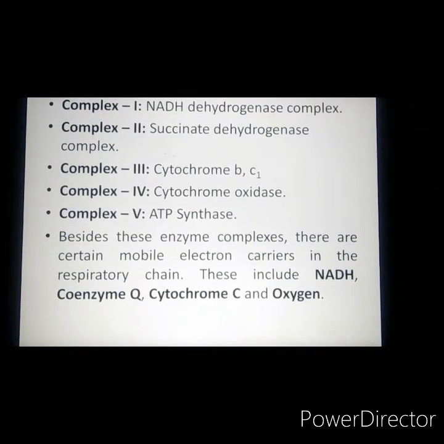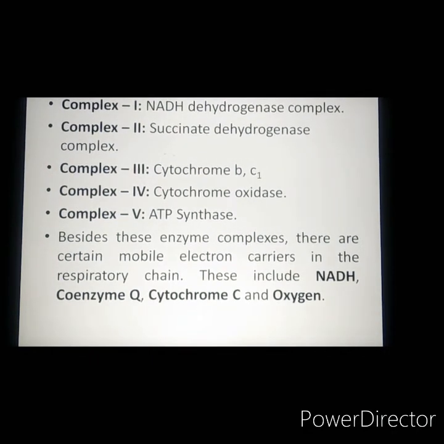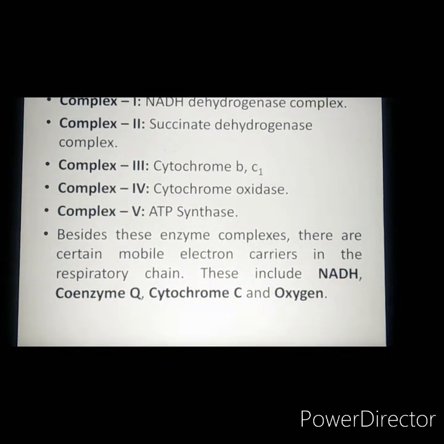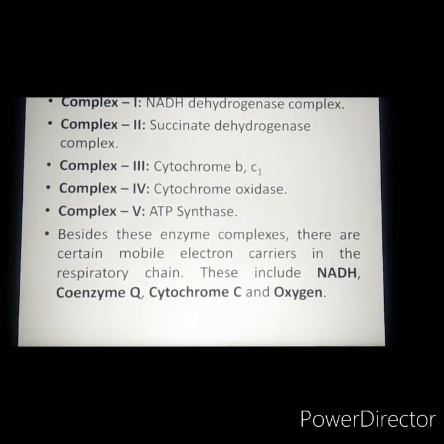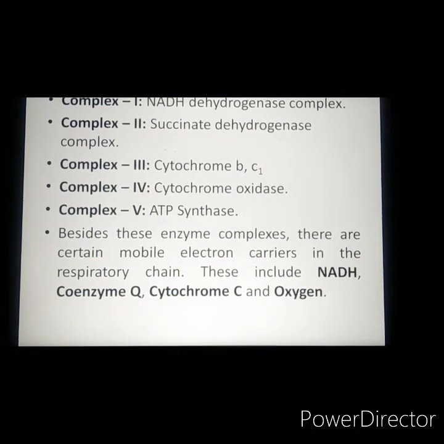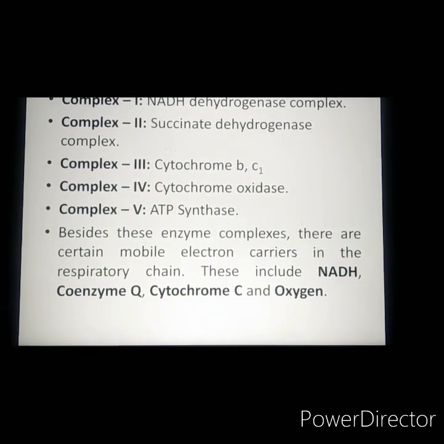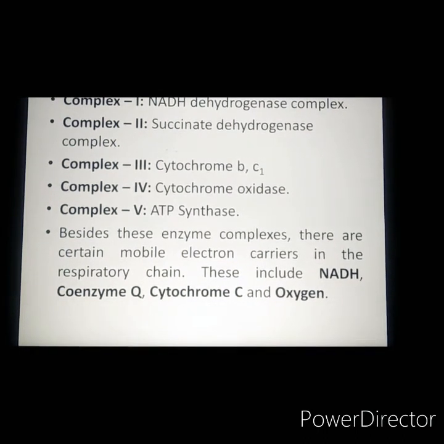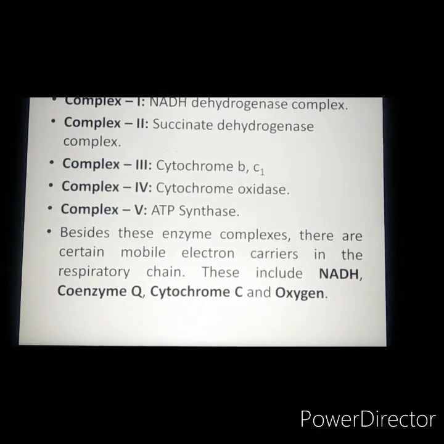So the first complex is known as the NADH dehydrogenase complex, because of the NADH produced during cellular respiration. Remember the components of cellular respiration: glycolysis, the PDH complex reaction, then the Krebs cycle or TCA cycle, and finally the electron transport chain, which is the final component.